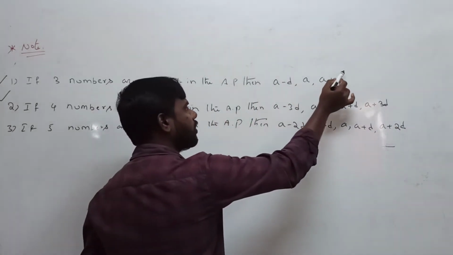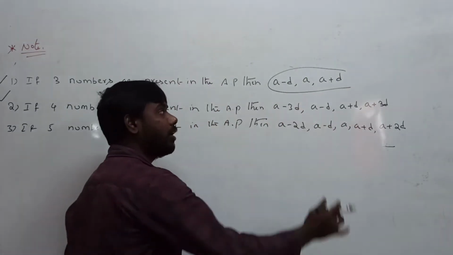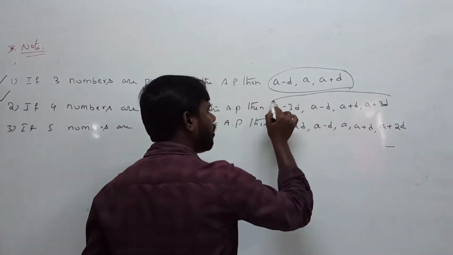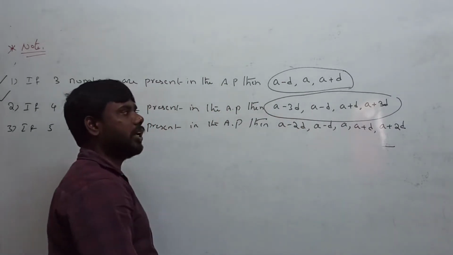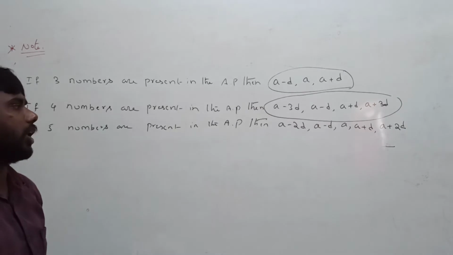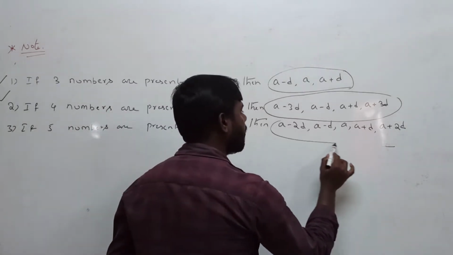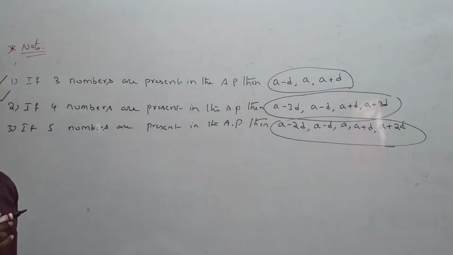Three numbers in the arithmetic progression, we are assuming a minus d, a, a plus d. Four numbers, a minus 3d, a minus d, a plus d, a plus 3d. Five numbers, a minus 2d, a minus d, a, a plus d, a plus 2d.